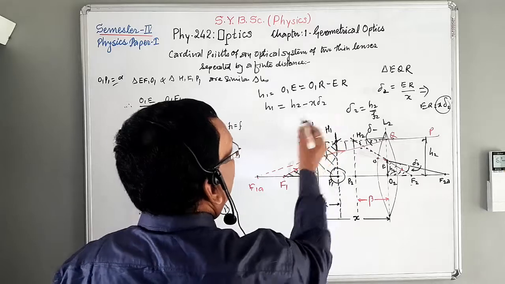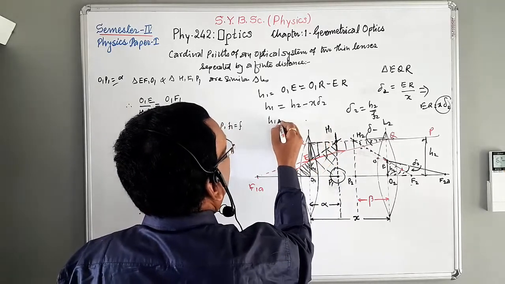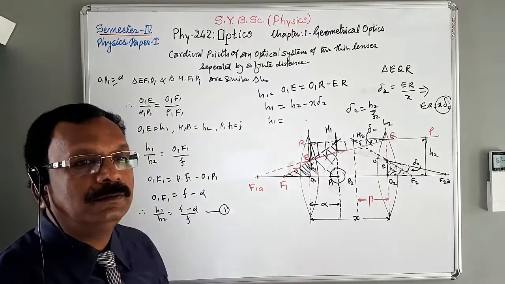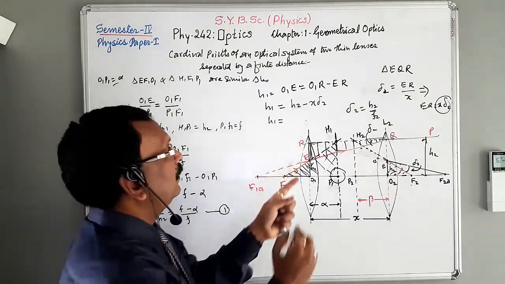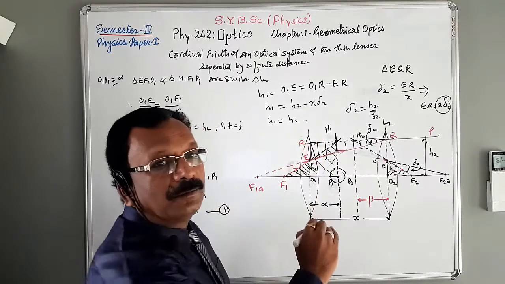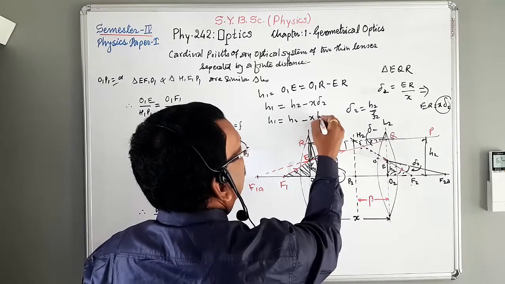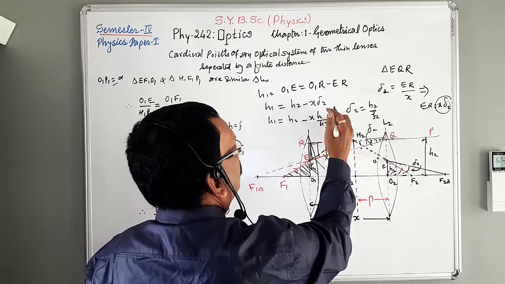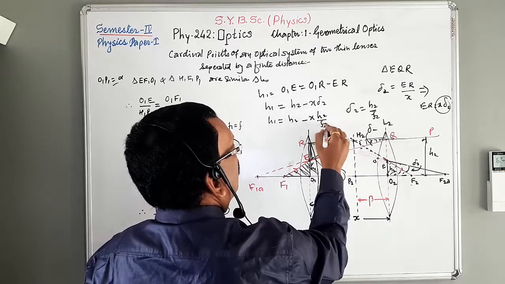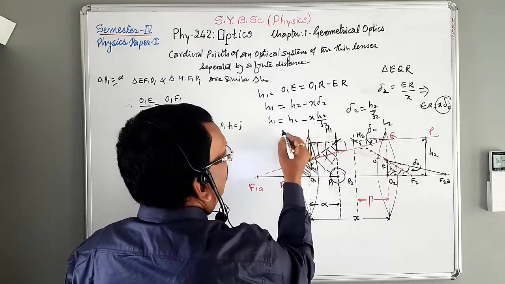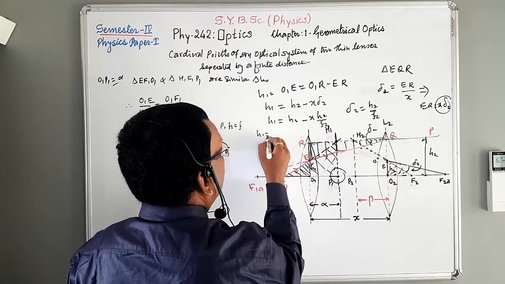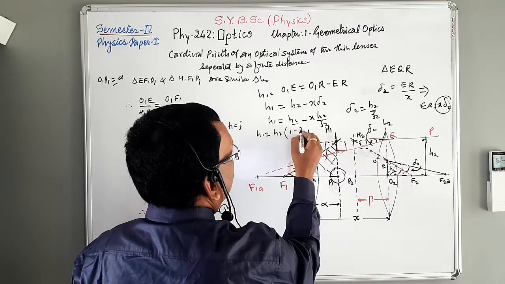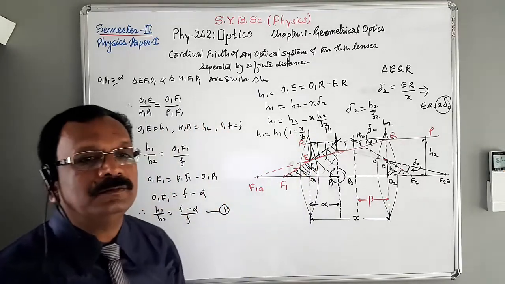Substitute this value, we have h1 is equal to h2 minus x h2 upon f2. Take h2 common, h1 is equal to h2 into bracket 1 minus x upon f2.